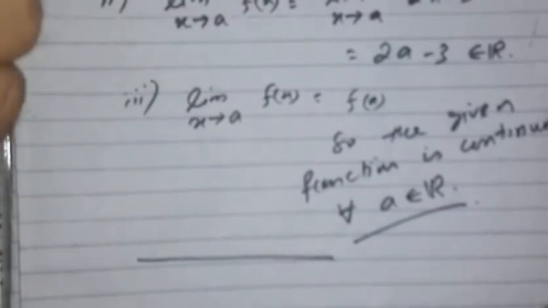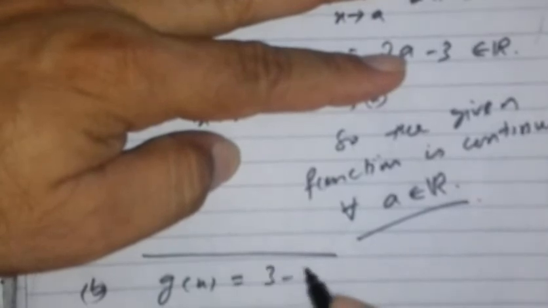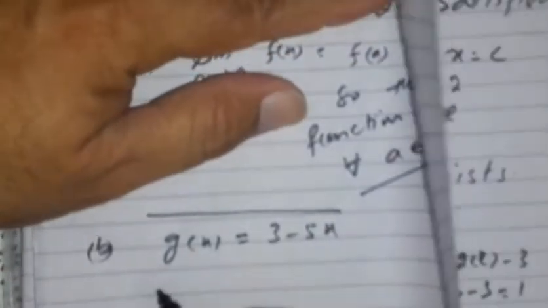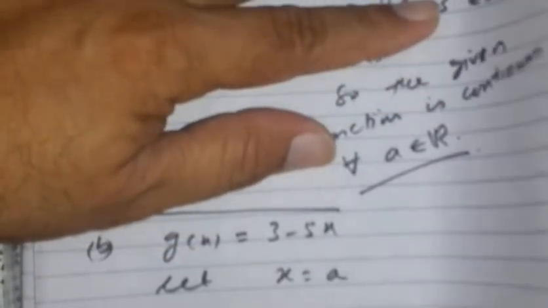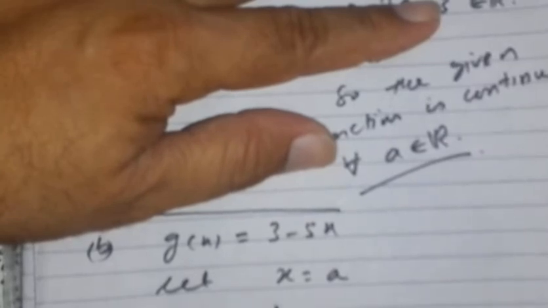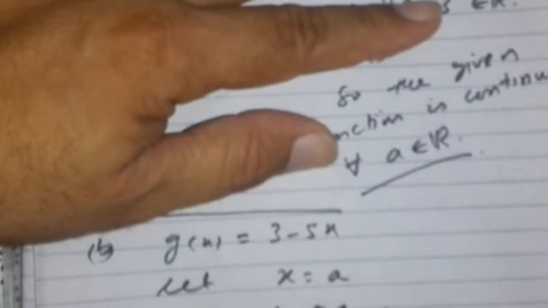Similarly, part B, g of x equals 3 minus 5x. Let x equals a, so g of a equals 3 minus 5a. It is defined. This is also a real number.